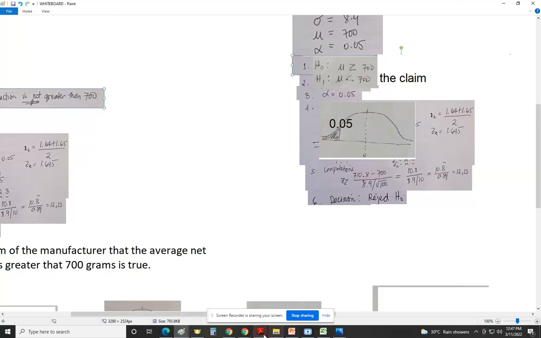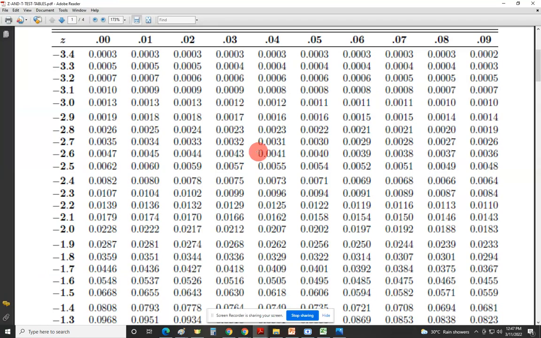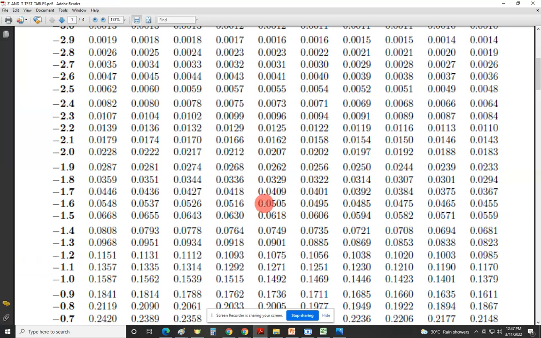I will open the PDF file. We will still look for 0.05. I think the location of 0.05 is the same, in between these two values. But this time, since Christian said that it should be put on the left side of 0, it should be negative.